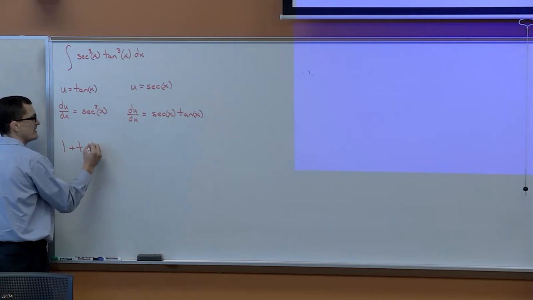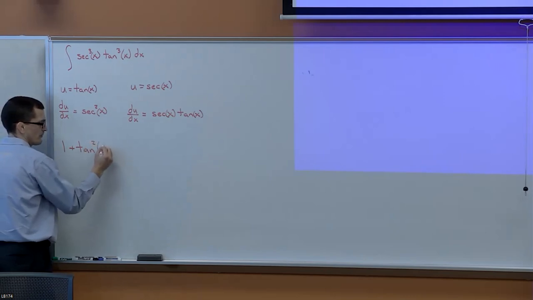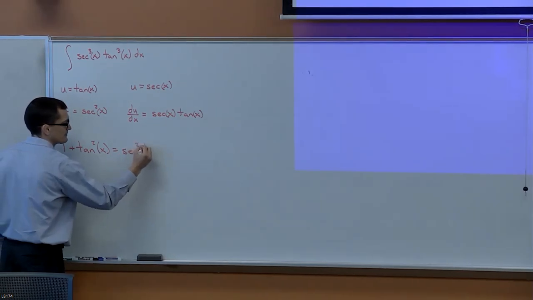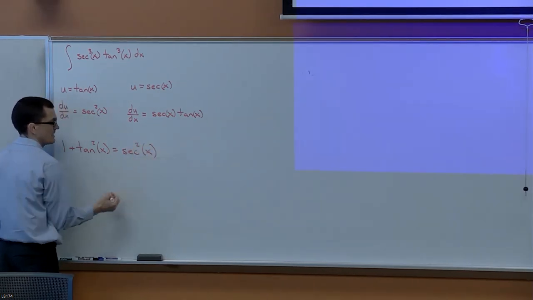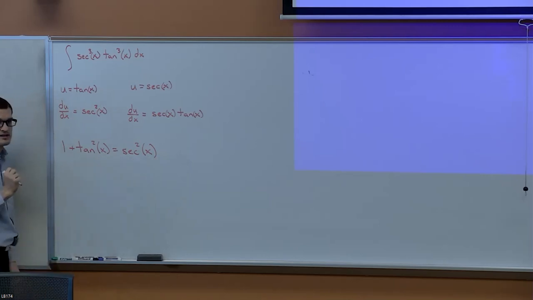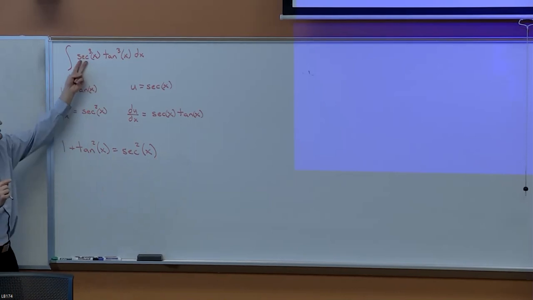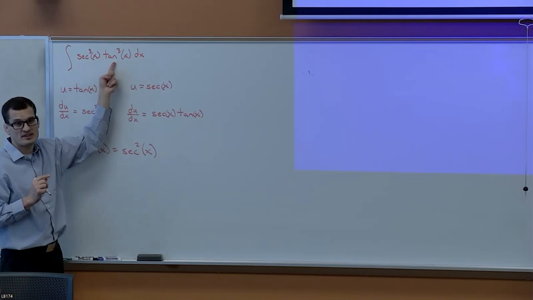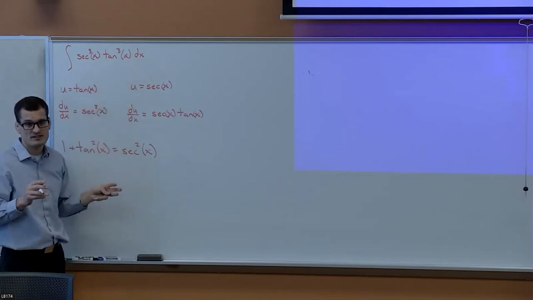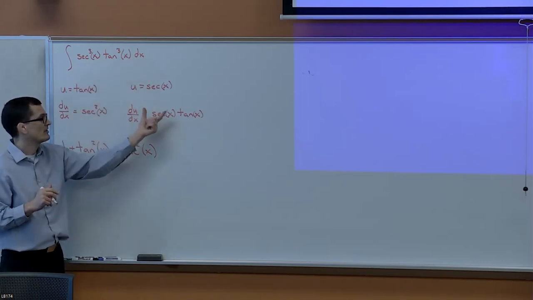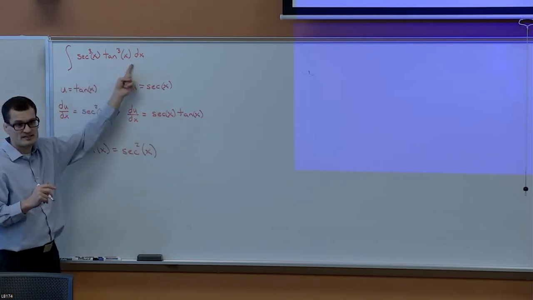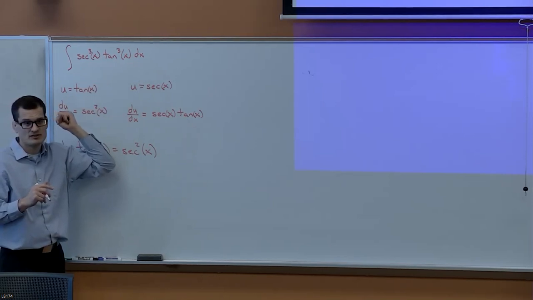Remember, our trig identity that we're working with on any substitution is going to have squares, right? If I peeled off a secant squared, I'll be left with one copy of secant and three copies of tangent. That's odd powers. That's not very good. But if I peeled off a secant tangent, now I have even powers left over.